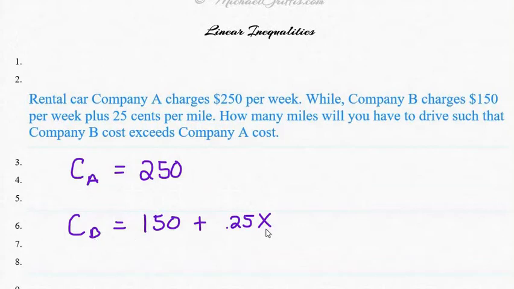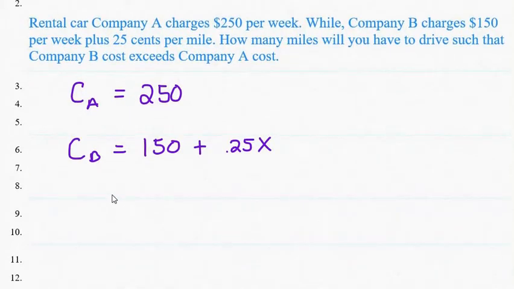So I need to know what's the maximum number of miles that I can drive, you see, and that I can compare which one's going to be better. Because if I'm driving 600 miles, what's going to be better, company B or company A? So that's what we got to look at.